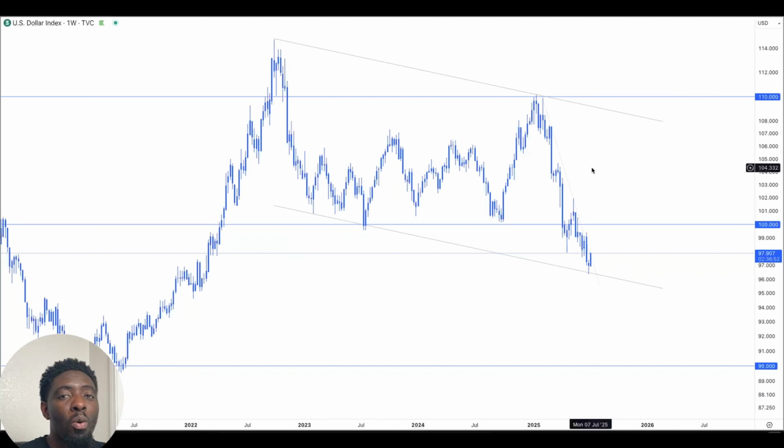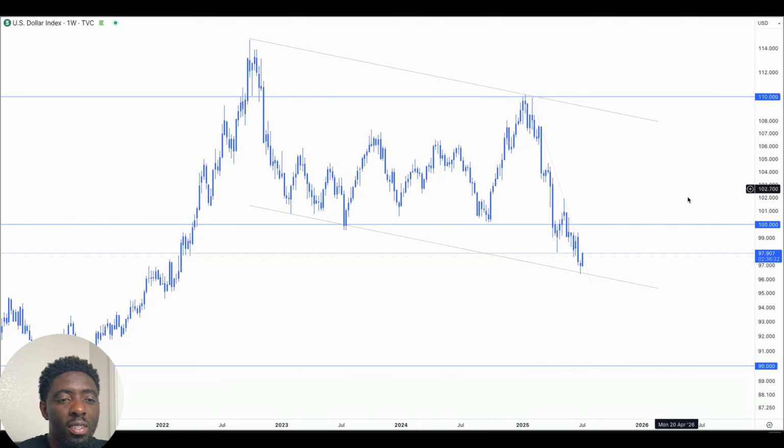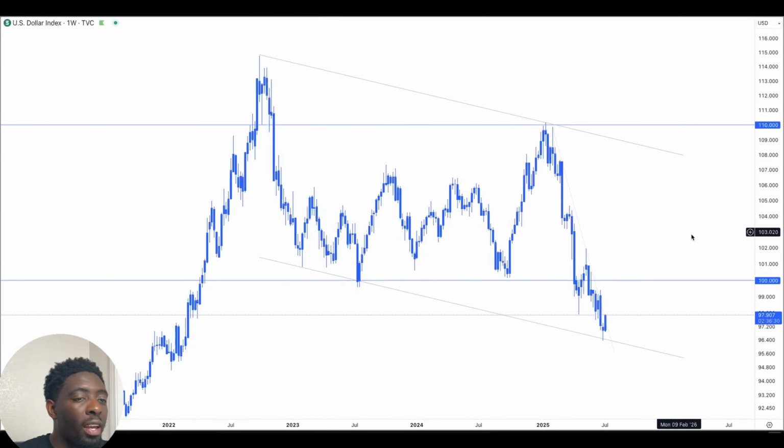But it's very important you understand where the DXY is most likely going to head to and the areas it's going to test. So psychological levels we're looking at right here, 100. Once we come above this area, I think it's clear it will be headed all the way to like 110. So that's my analysis right there on the DXY, and let's see how this aligns with the other pairs.